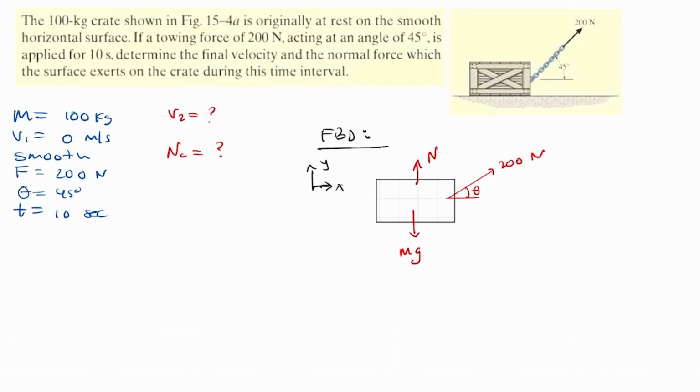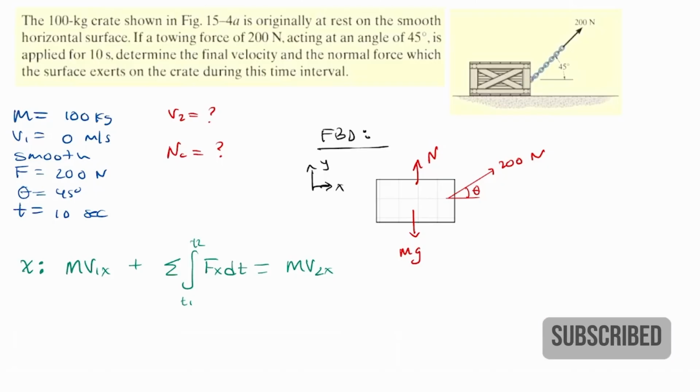So let me apply the equation right here. We're going to be doing this for different components because these are vectors. We're going to do it for the x direction. So we have mass times v1 in the x direction plus the sum of forces in the x dt, from t1 to t2, equals mass times v2 in the x direction.